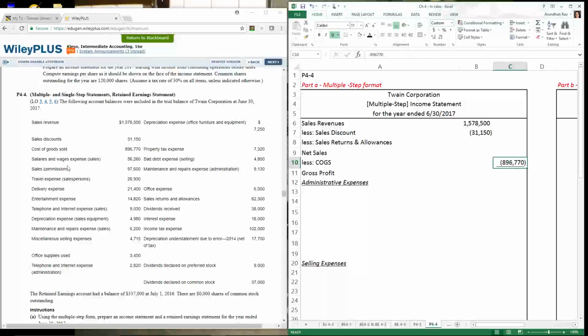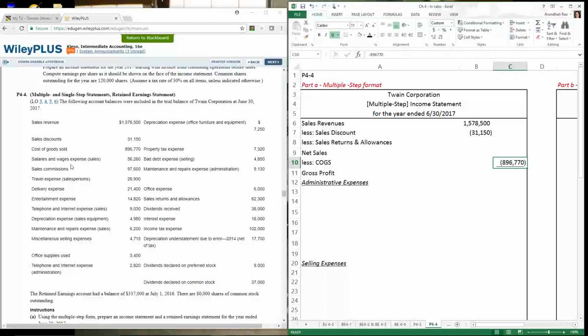So salaries and wages expense, we have this number over here. Since they tell us it's for sales, the same thing for sales commission, travel expense for salespeople, delivery expense, entertainment expense, telephone and internet expense, depreciation expense, repairs and maintenance, and miscellaneous selling expenses.